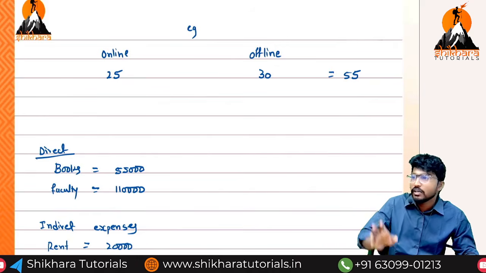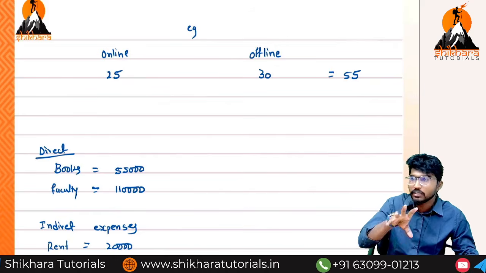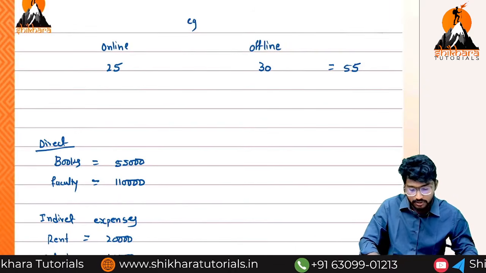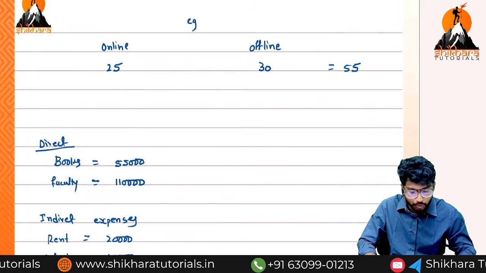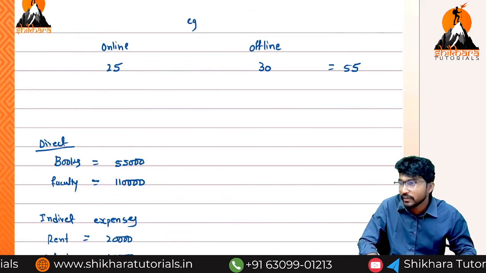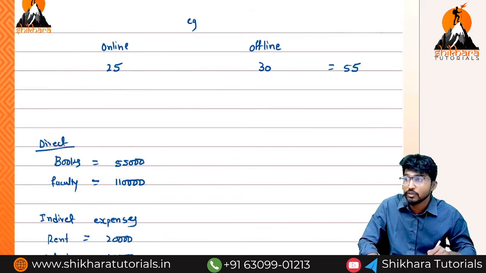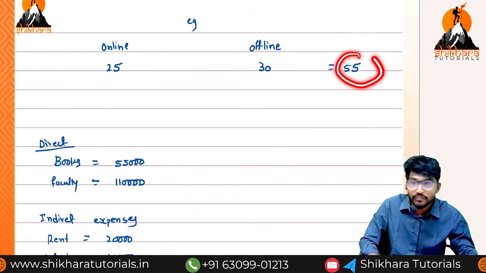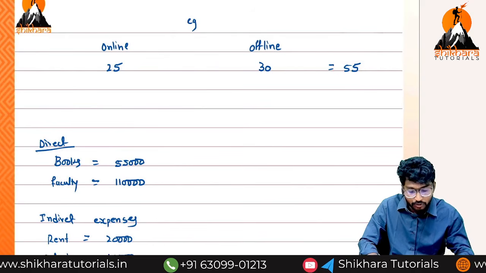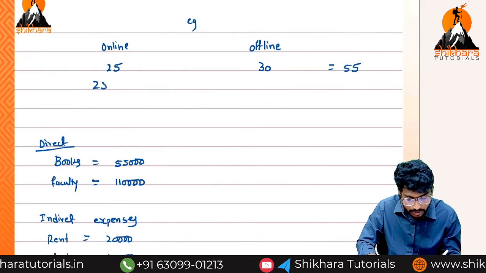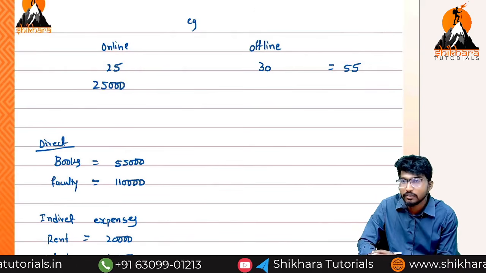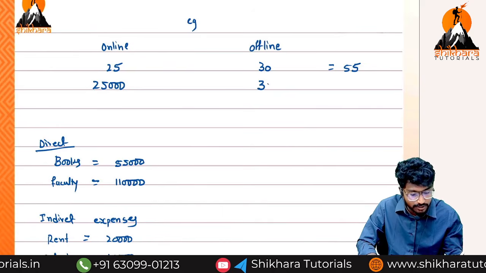As per the traditional costing system, first it will allocate the direct expenses. First, books. What is the amount? 55,000. We incurred 55,000 for how many students? 55 students. That means for 25 online students it is how much? 25,000. Am I correct? For offline students it is 30,000.